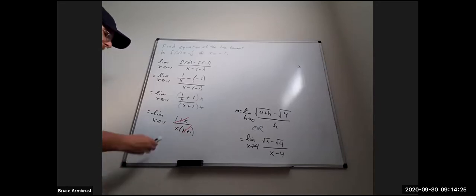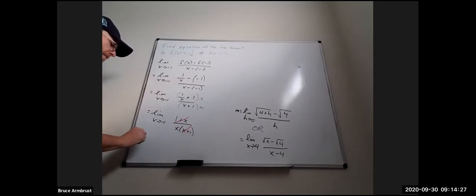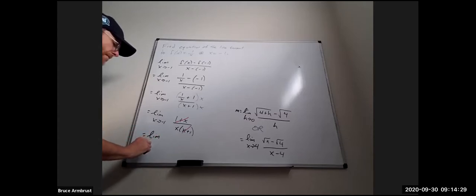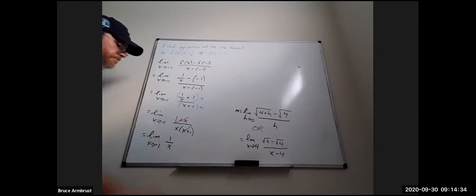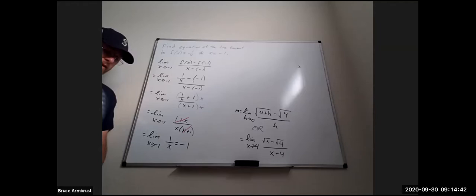And so this is the same then as the limit as x goes to -1 of 1 over x. So now I can plug in my -1, and I get -1.